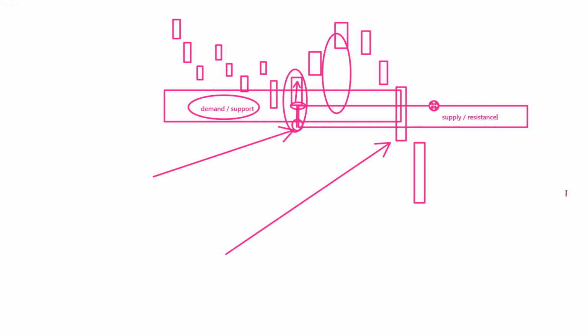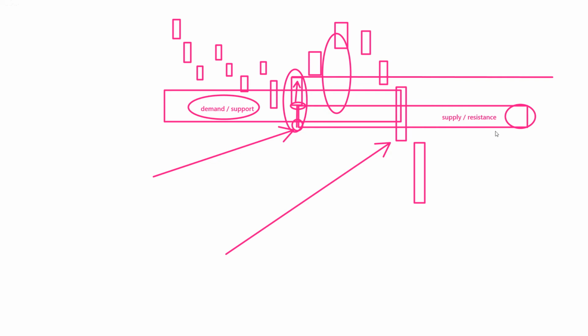All right, so that's our zone to trade. That's our zone to trade. What about the stop? Stop is above that particular powerful candle high. Of course, the risk reward is going to be quite important here.